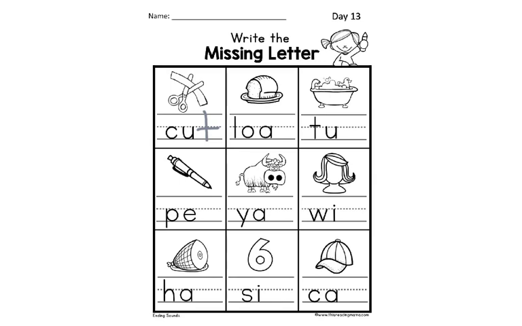Okay, so let's see. We have cut. And then this next picture here is some bread. This is called a loaf. Loaf. What sound do you hear at the end of loaf? F. Very good.